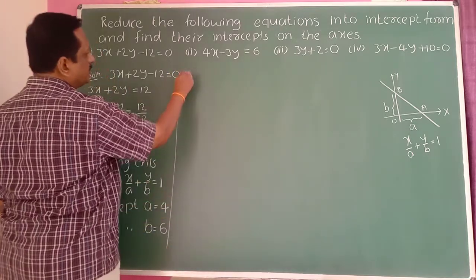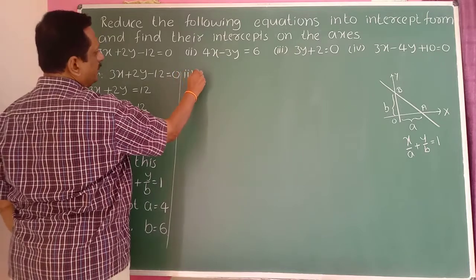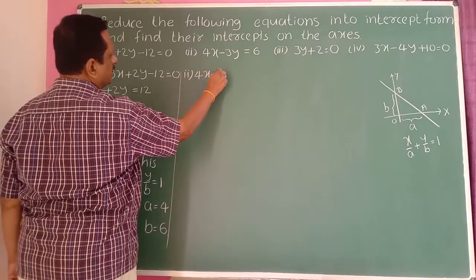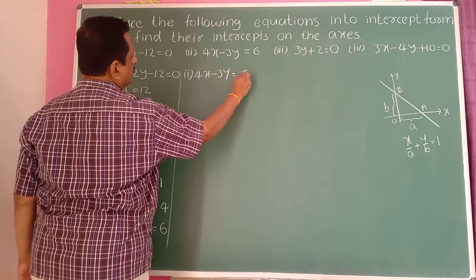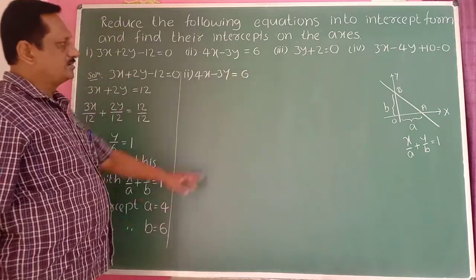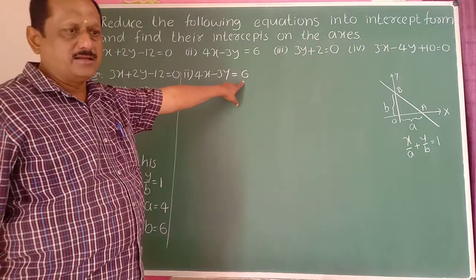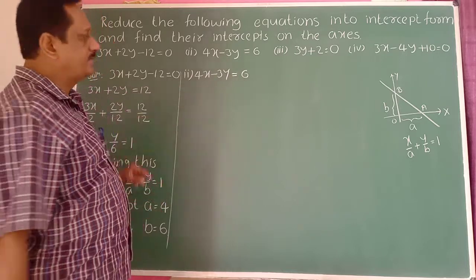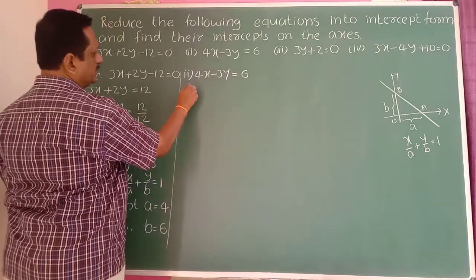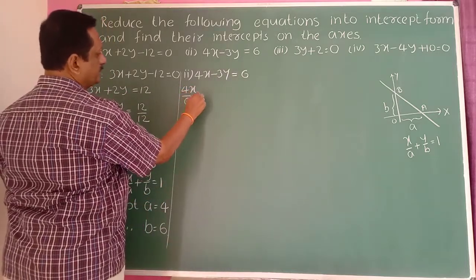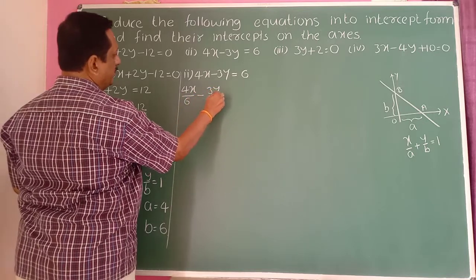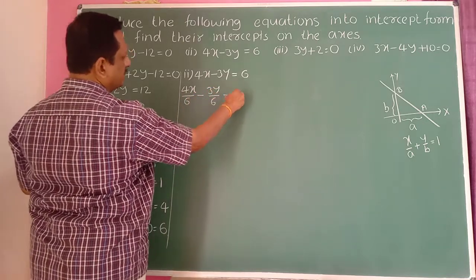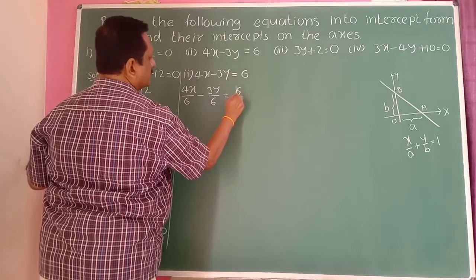Take the second example here. In this case, 4x minus 3y is equal to 6. The constant 6 is already on the RHS. Dividing both sides by 6, so 4x divided by 6 minus 3y divided by 6 is equal to 6 divided by 6.